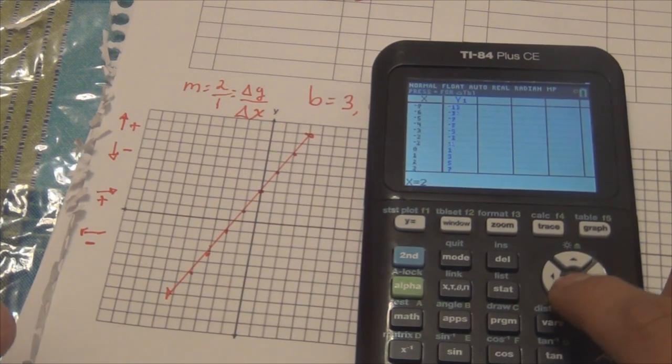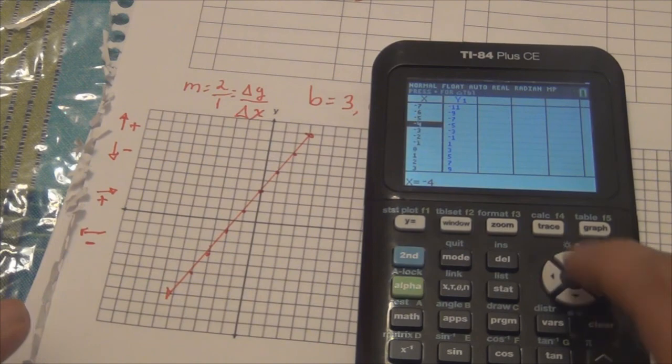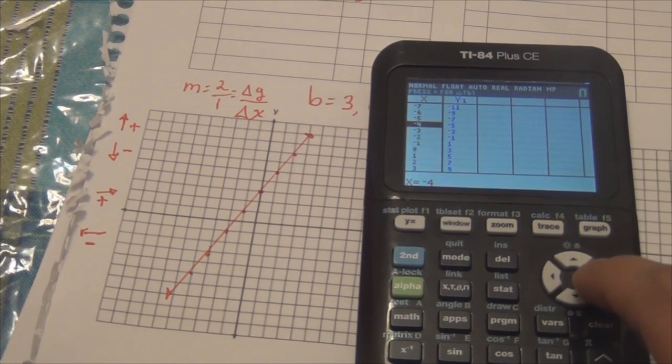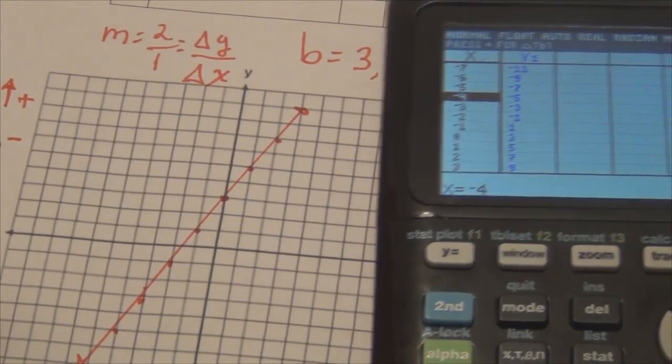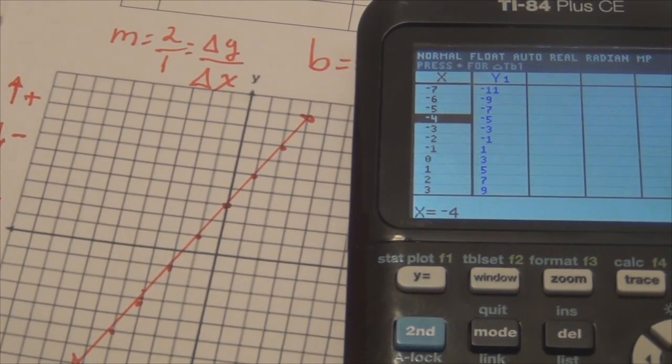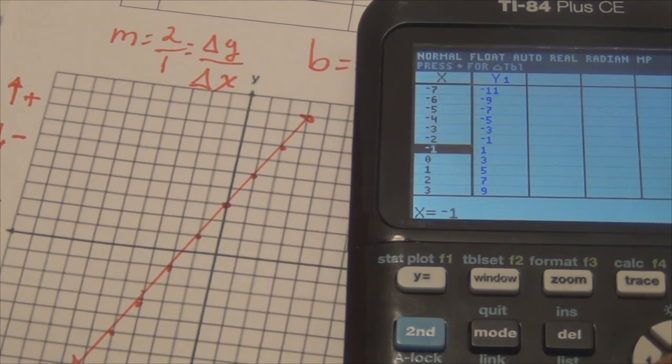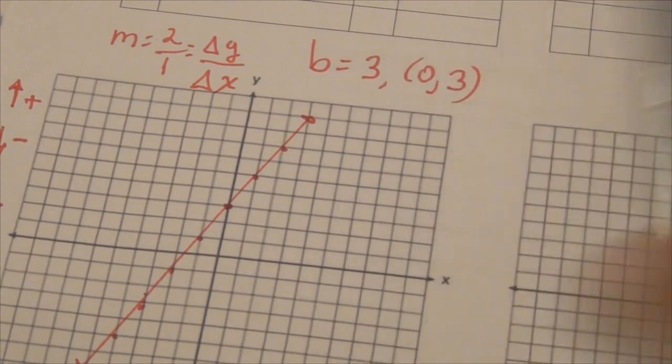Now me, I'm not that greedy. Look at negative 4. See negative 4? It's negative 5. And then negative 3, negative 2, negative 1, and so on.